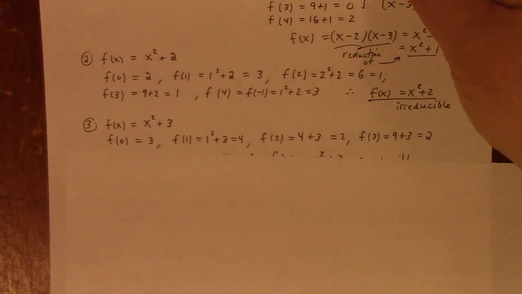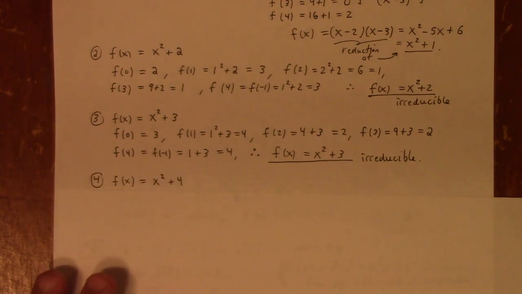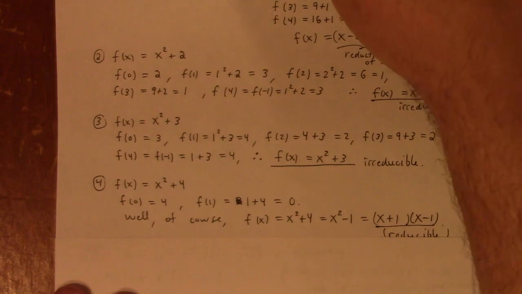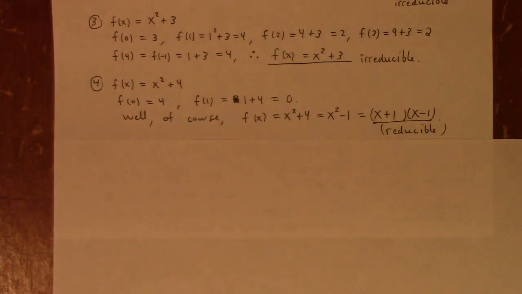Case 3, you got yourself x squared plus 3, so I plug in my 5 different values, I get non-zero for all, therefore irreducible. Therefore, if I mod by the principal ideal generated by this, I would have a field. And case 4, x squared plus 4, whenever you see something like x squared plus 4, you're working mod 5, swap out that 4 for minus 1.